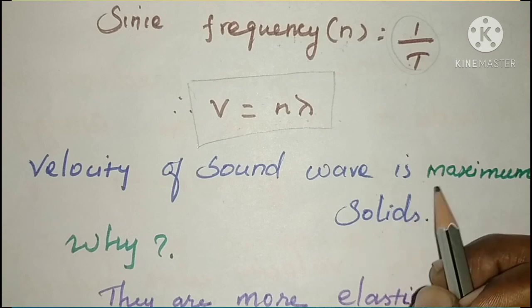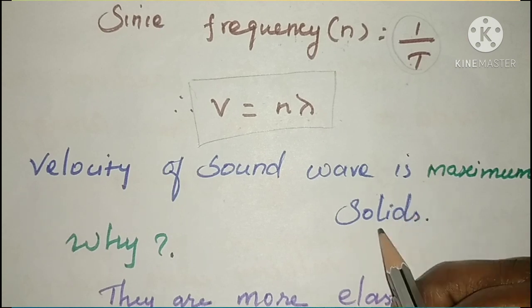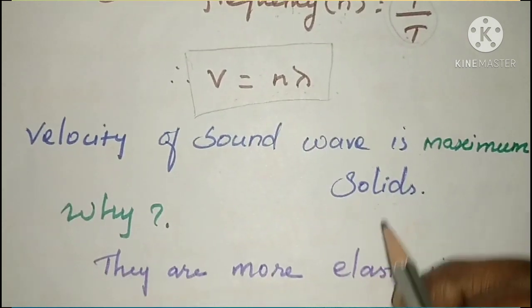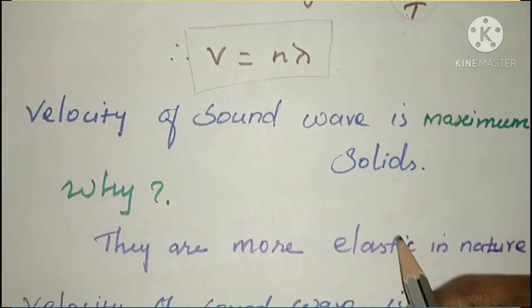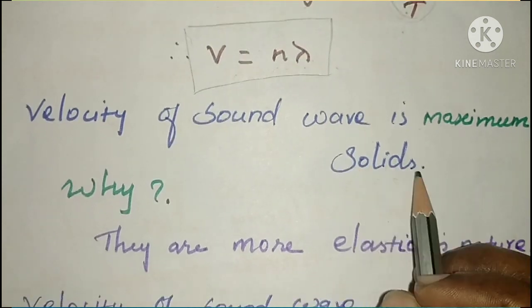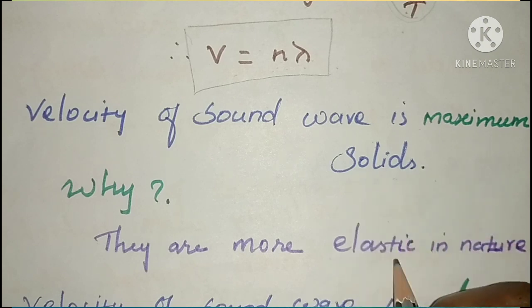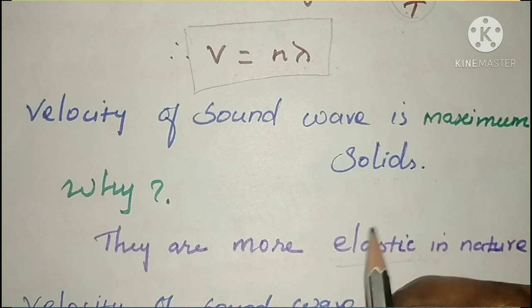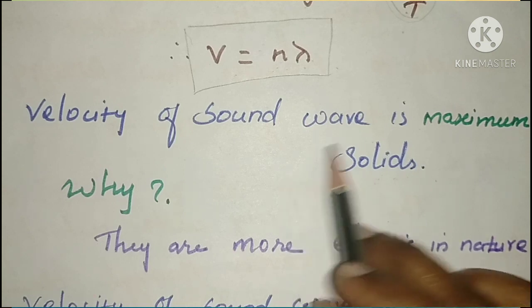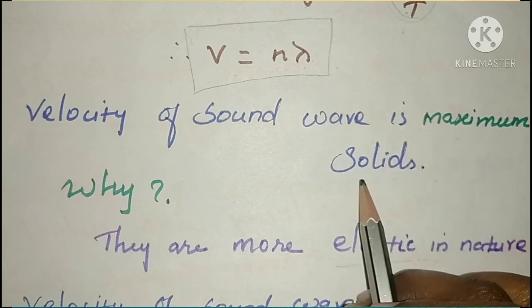Because solid particles are more elastic in nature compared to water and gases. More elastic in the sense that atoms and molecules are tightly bound to each other, isn't it? So they are elastic in nature. That is the reason the velocity of sound is maximum in solids.